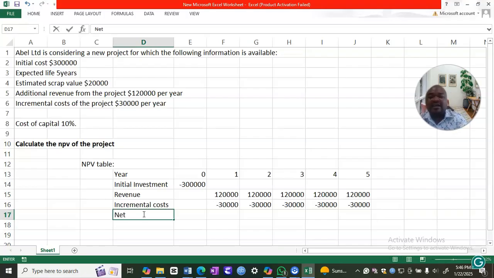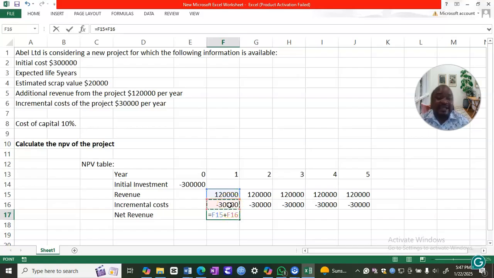So what we get is net revenue. You might say net revenue, whatever you call it. You're not going to get a mark out of this, but just to understand the net revenue, you just say equal sign, this one plus this one.